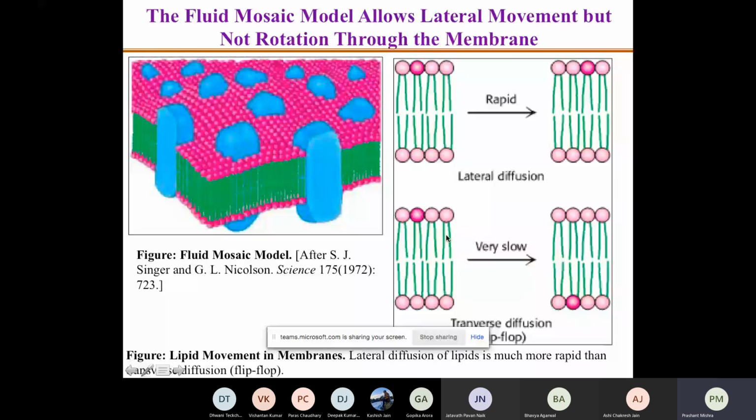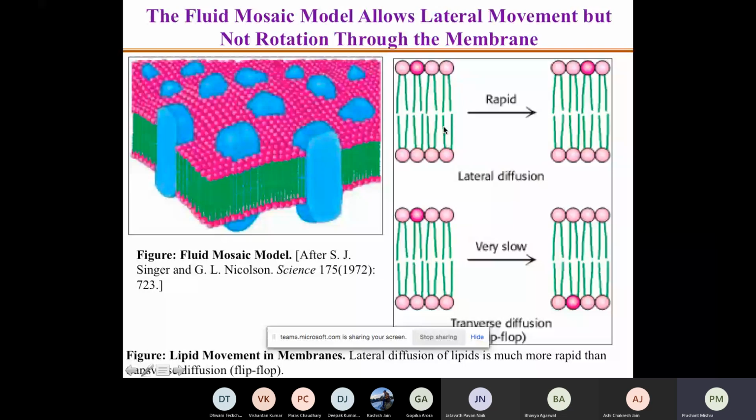The answer is very simple: if this molecule has to move across the membrane, it has to come through the fatty acid chains of other lipids, and this portion, as you know, is hydrophobic. So what you are expecting is that a hydrophilic molecule should move across the membrane through the hydrophobic fatty acid chains, reach another position and come back to the same structure. The cost of energy here is quite high because the head group is hydrophilic, and that's why the movement of lipid is restricted.